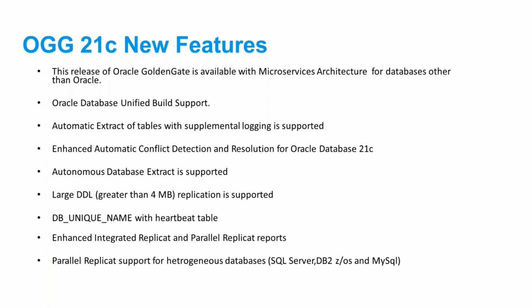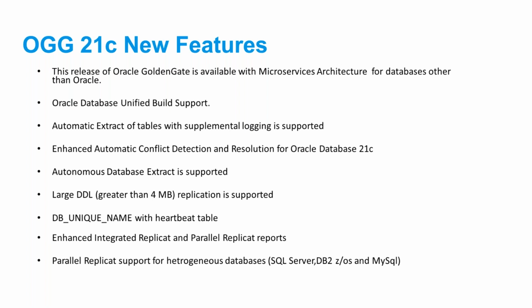Similarly, parallel replicat support for heterogeneous databases is now there for SQL Server, DB2 z/OS, and MySQL. Parallel replicat was launched in GoldenGate version 12.3 and it was only available for Oracle database.